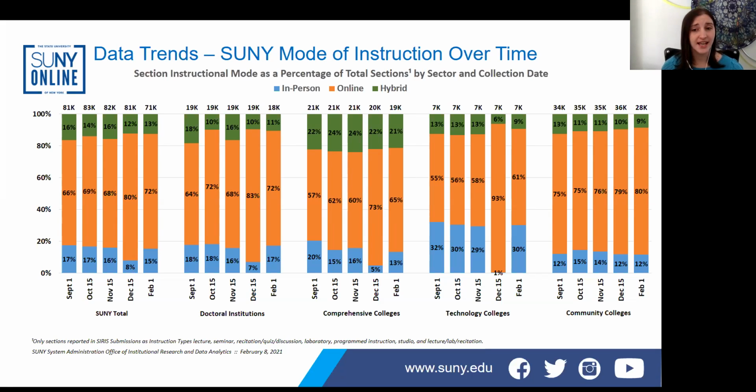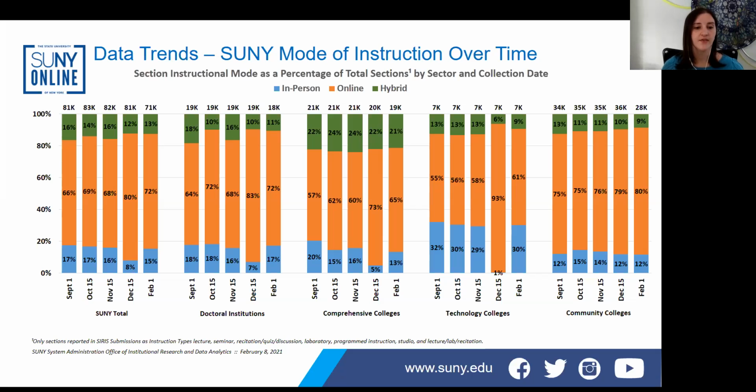But we still wanted to capture if it started in person at the beginning of the semester and shifted to online or hybrid later on. So essentially, the Institutional Research Office sent a survey to the institutional research contacts at each campus to fill out at different points in time.